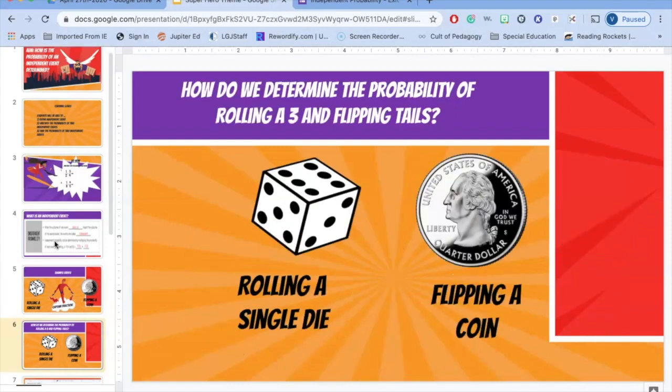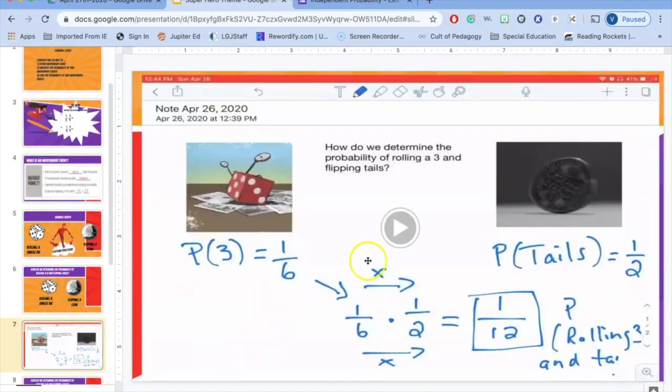So let's look at a question that's asking us to find the probability of two independent events. This question states, how do we determine the probability of rolling a 3 and flipping tails? That's a great question. So let's look at how we can do that.